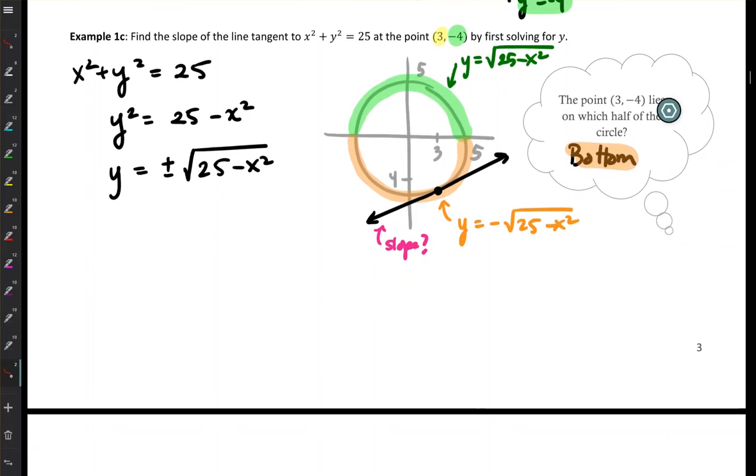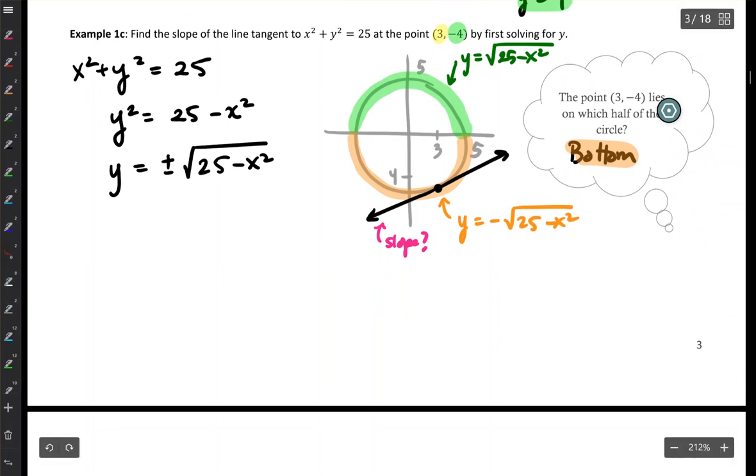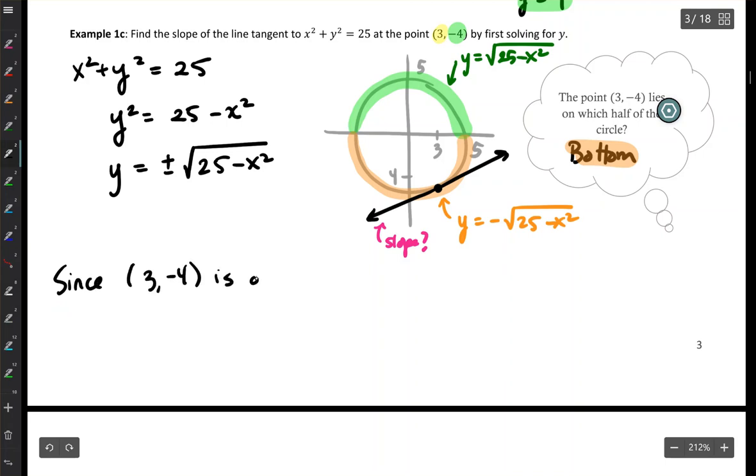We can go ahead and find y prime for the orange function as usual. Since the point 3, negative 4 is on this bottom half, y is the negative square root of 25 minus x squared.